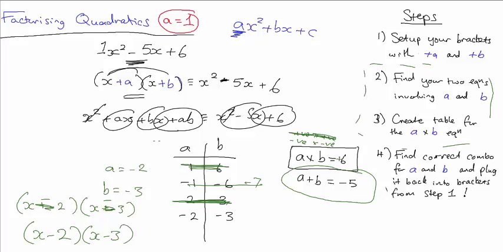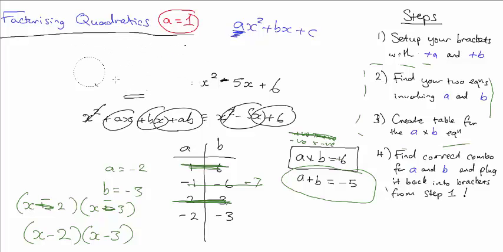And you'll notice that whenever you get a minus amount of x's in the thing you're trying to factorize, and then you've got a positive on the end, you always end up getting two negatives, because you need two numbers which multiply to give you a positive but add to give you a negative, and that's the only way, two negatives.